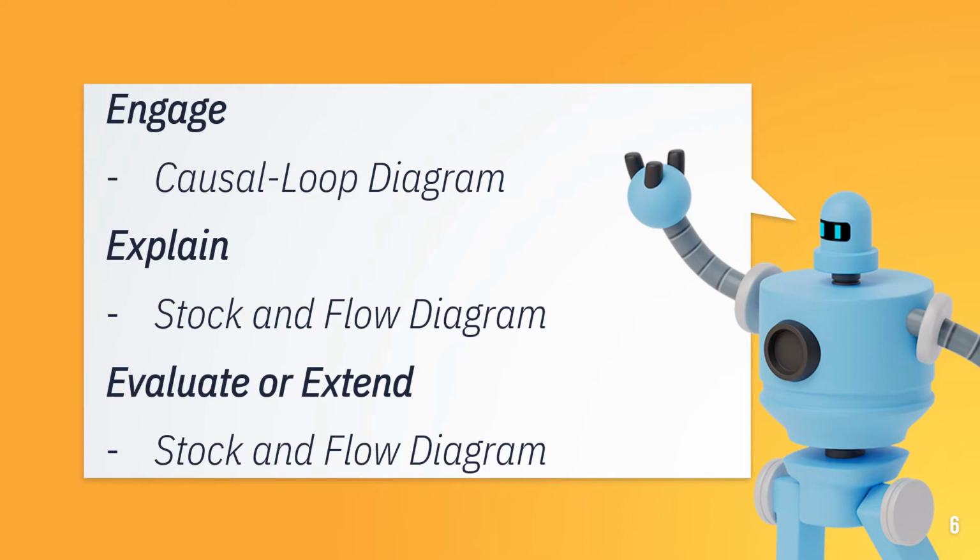These are the E's in the lesson plan where the CLD and SFD will be demonstrated. Number 1, in the engage part, it will reflect the causal loop diagram. In the explain part, the students and the teacher will demonstrate a stock and flow diagram. And in the evaluate or extend part, another stock and flow diagram will be modeled.